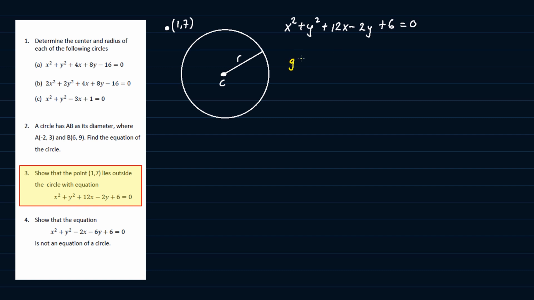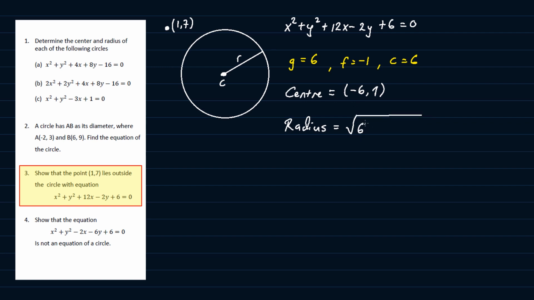G is 6, F is minus 1, and c is 6. So we want to find the center of the circle, and the center is simply (minus 6, 1). That's minus g and minus f. And as for the radius, that's the square root of 6 squared plus (minus 1) squared minus 6.